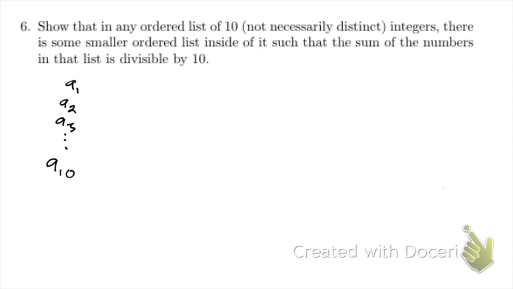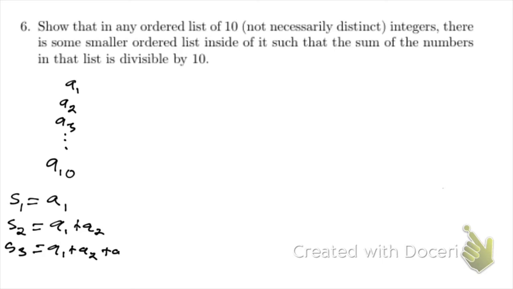Now, I want to consider the subsums, which are, the first one is S1. So these are sums of sublists, right? S2 is going to be A1 plus A2. S3 is going to be A1 plus A2 plus A3. So hopefully you can see this pattern.